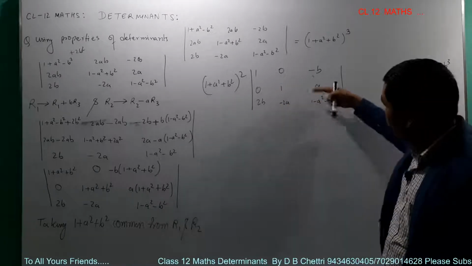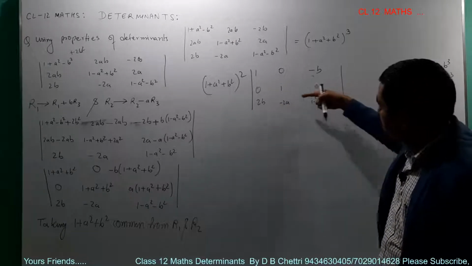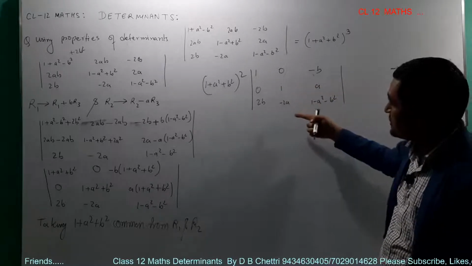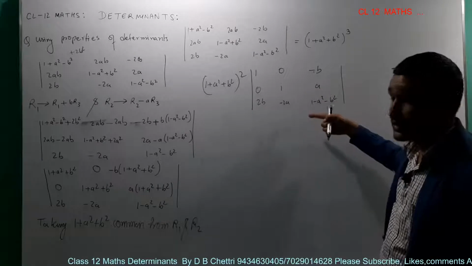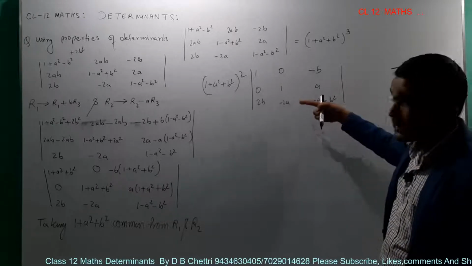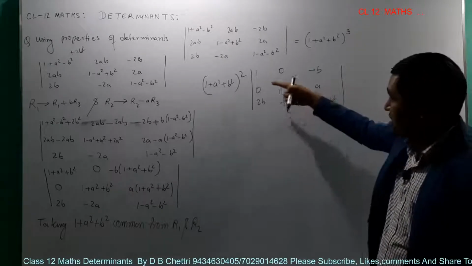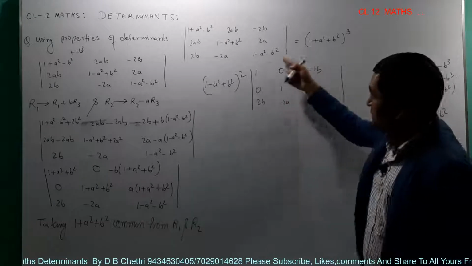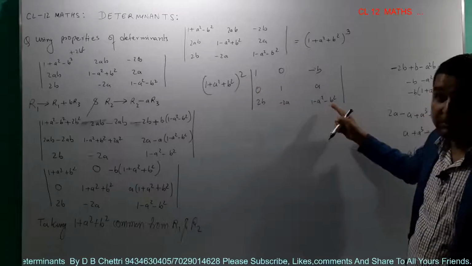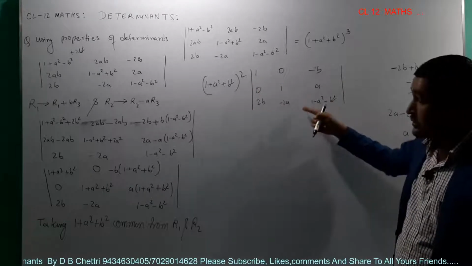Is there any possibility to get it by adding and subtracting any rows and columns? If possible, take your time and check whether it is possible, then do that operation. If it is not possible, the determinant is already converted into simple form.